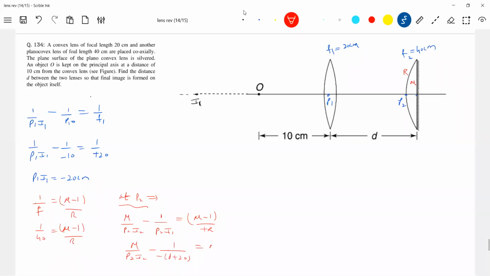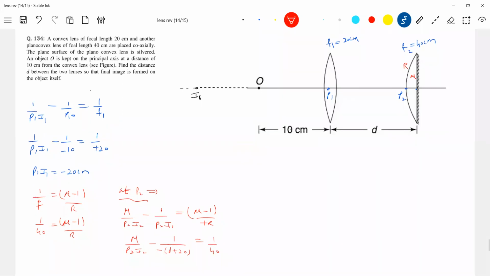And now after refraction, what happens? Let me write here. The rays after refraction at P2 should be incident normally on the plane mirror.